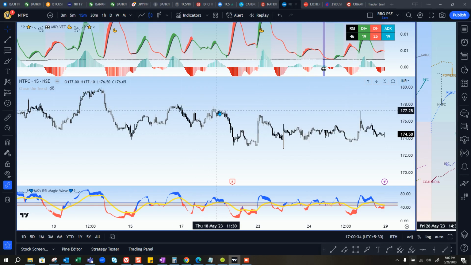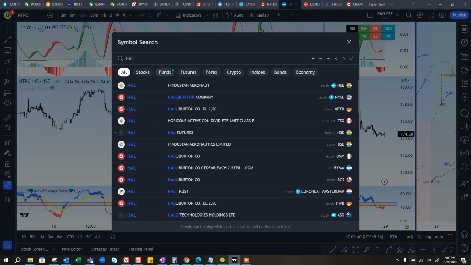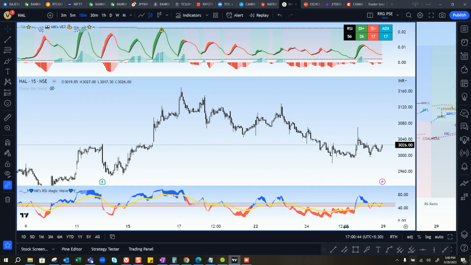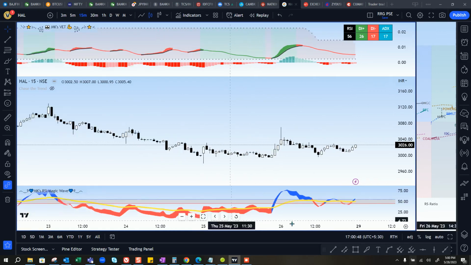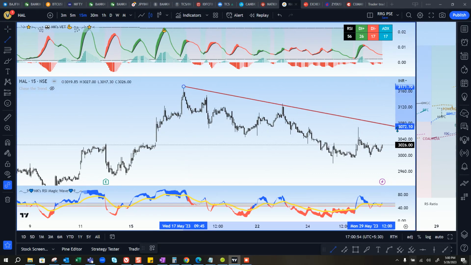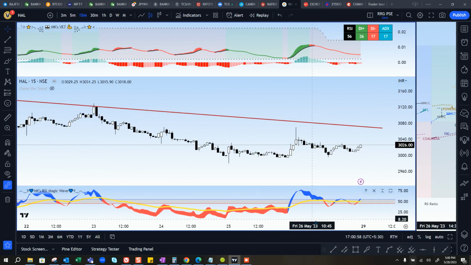There was so much congestion above here, so we will skip these stocks. This is NTPC. I'll show HAL also, Hindustan Aeronautics. See, a big first candle, and then it will trap people, but there is so much supply. So price action wise, we need to also see, and then only take a judgment that there is a reason for this stock moving.